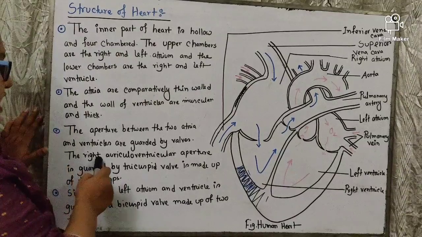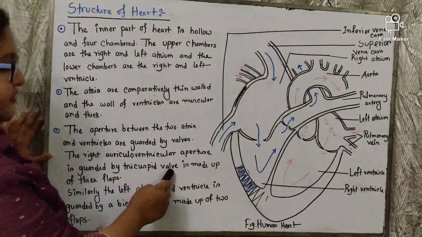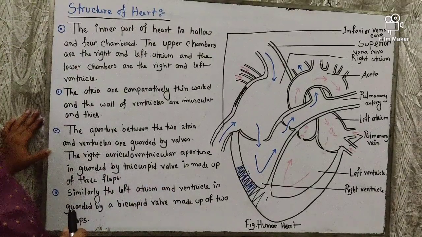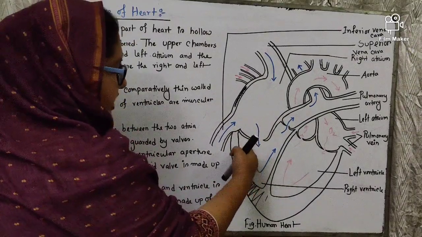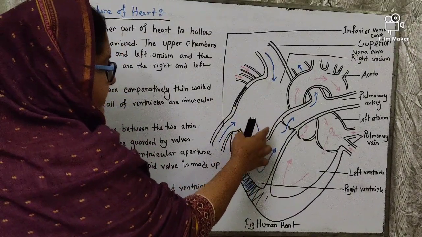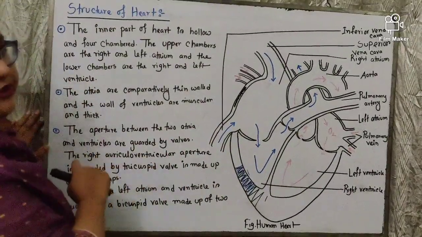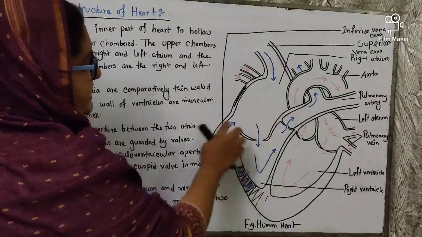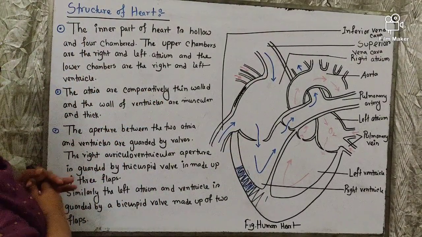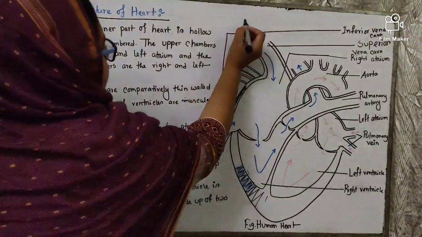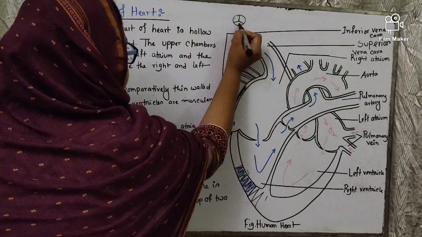The right auriculoventricular aperture is guarded by tricuspid valve, which is made up of 3 flaps. This is the right atrium, this is the right ventricle. The aperture in between this atrium and ventricle is known as the auriculoventricular aperture, which is guarded by a valve known as tricuspid valve, which has 3 flaps, just like this. 1, 2, and 3.